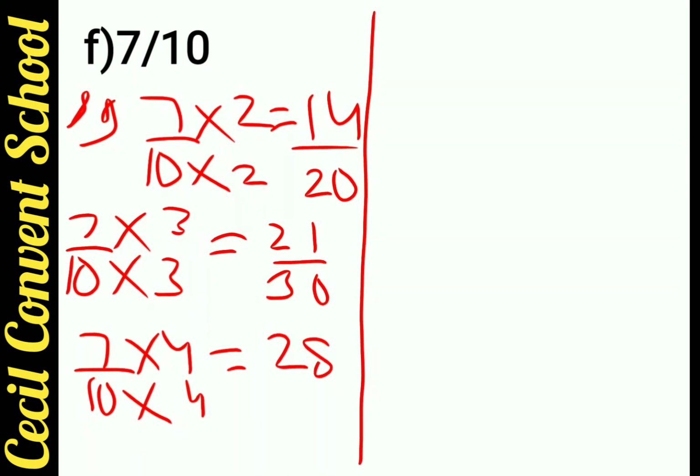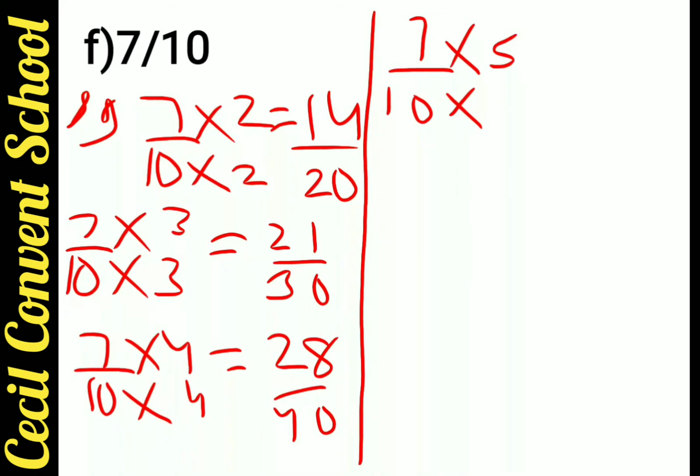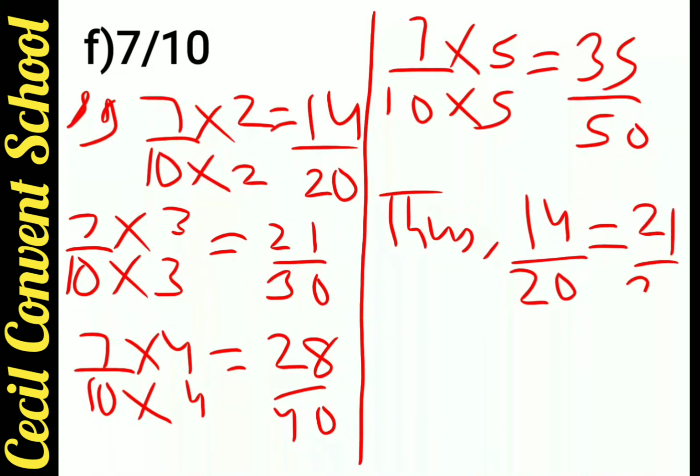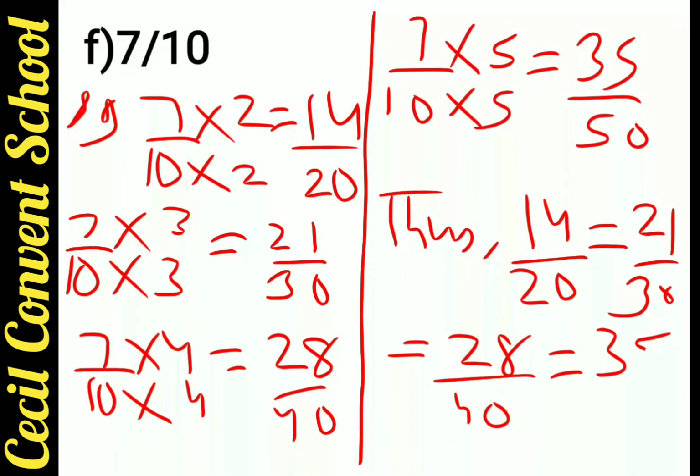Answer comes 28 by 40. 7 by 10 multiply by 5. Answer comes 35 by 50. Clear? Thus 14 by 20 is equal to 21 by 30 is equal to 28 by 40 is equal to 35 by 50. Clear? Now we do G part.